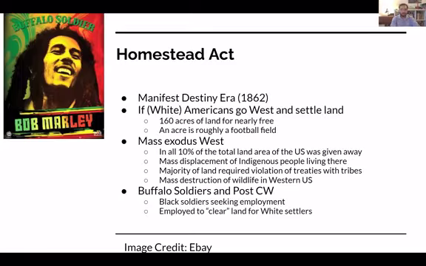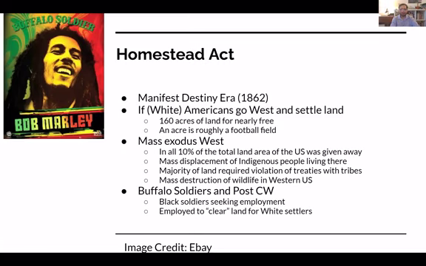The policy was that if explicitly white Americans go west at that time and settle land in what is today the flyover states, Idaho, Iowa, Kansas, Nebraska, Colorado, Wyoming, Montana, and so on, they would be given land for effectively free from the government, simply for getting up from Boston or New York or wherever they lived and getting in one of those wagon trains that we all cosplayed for Pioneer Day if we did elementary school out here, and became a pioneer and built what was called a homestead, so a house on that land, and started farming it or whatever that might be.